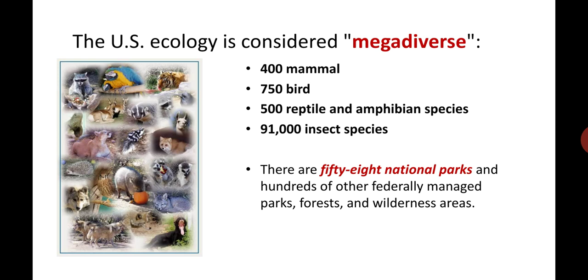There is also such a thing in the USA as well as in other countries. These are national parks. But if we speak about the USA, you remember it has a very vast territory. That's why there are 58 national parks and hundreds of other federally managed parks, forest and wilderness areas.